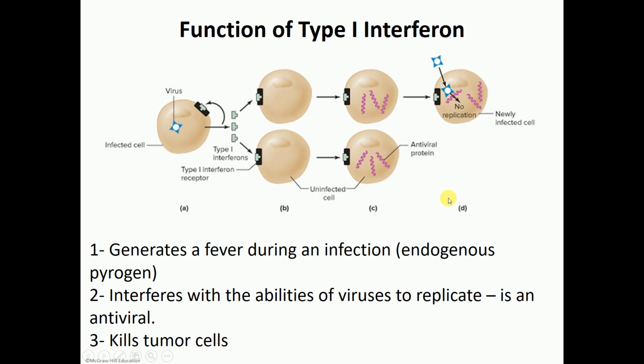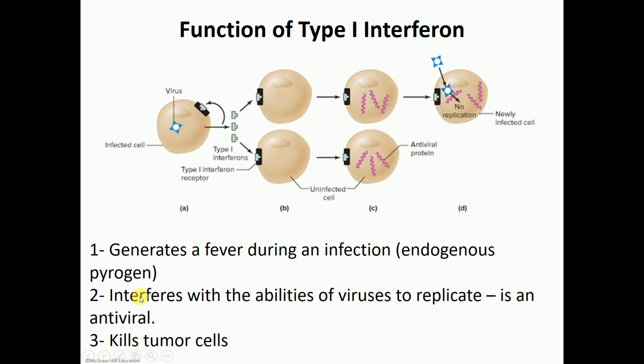Another thing that interferon 1 does is that it kills tumor cells. And that's why there's a lot of research into using that as an agent to kill cancerous cells. And it also generates a fever, and we call that an endogenous pyrogen. Okay, so these are what your type 1 interferon does. Again, it's an endogenous pyrogen leading to fevers.